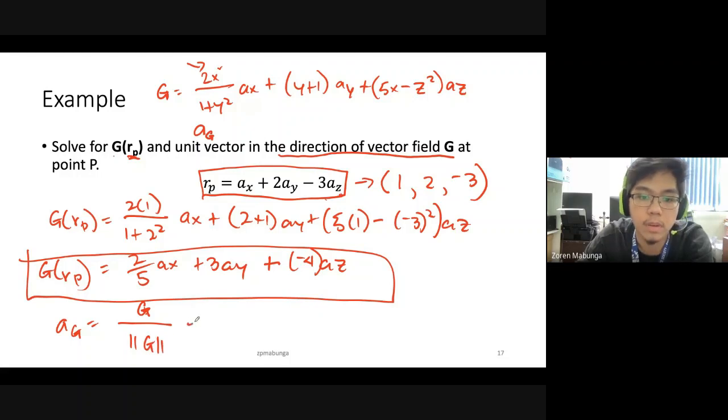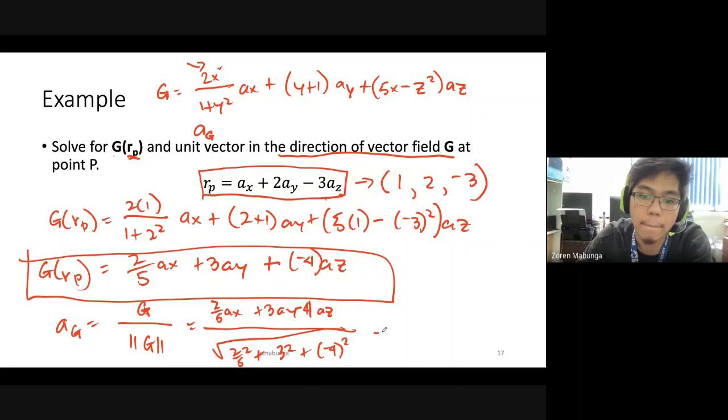Yun yung ginawa natin kanina. So ilagay mo 2 over 5 ax plus 3ay minus 4az divide by square root. Ito yung formula ng magnitude, no? 2 over 5 squared plus 3 squared plus negative 4 squared. So makukuha mo na ngayon yung unit vector.